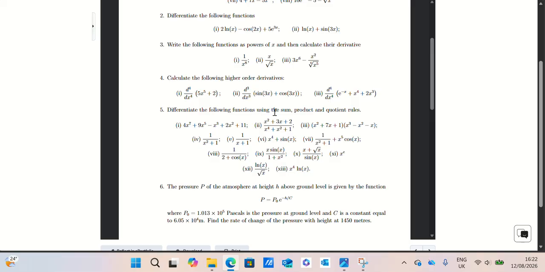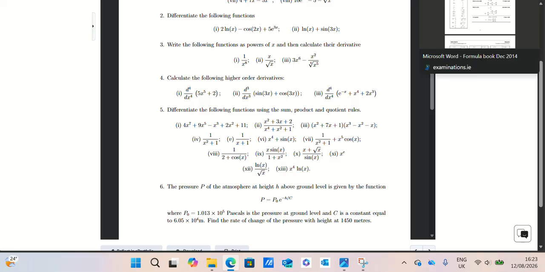Question 4, part 2. Okay, and that's d3 over dx3 of sine of 3x plus cos of 3x. Okay, so I have to differentiate this 3 times.